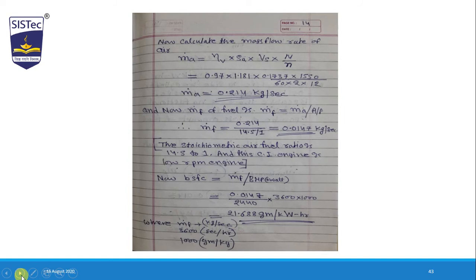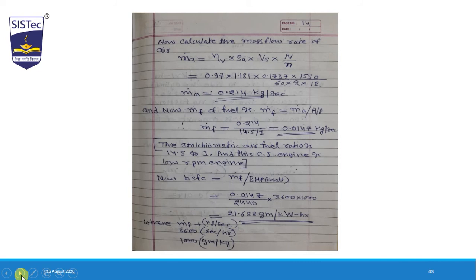Now calculate the brake specific fuel consumption, which shows the relation: mass flow rate of the fuel divided by brake power in terms of kilowatt. The mass flow rate of fuel we already calculated, that is 0.0147, divided by 2440, multiplied by 3600 into 1000 to get the answer in gram per kilowatt hour.